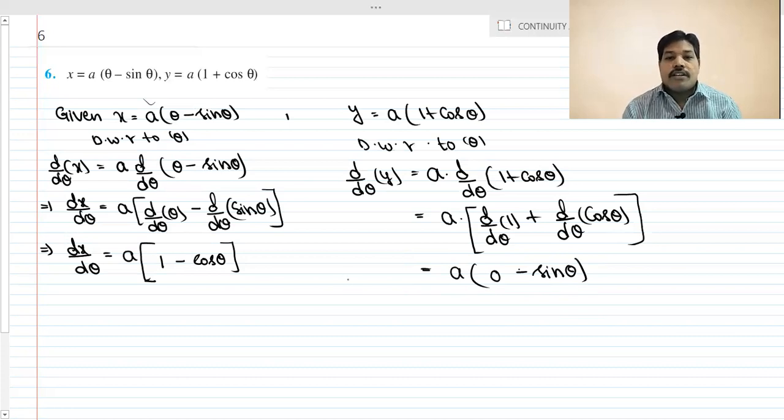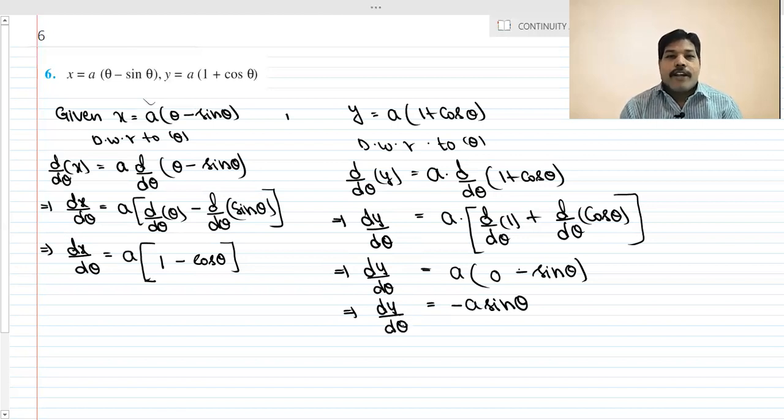So that implies it is equal to minus a sin theta. This value is nothing but dy by d theta.